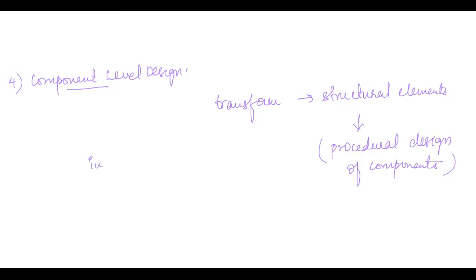So what is going to be the input that is going to be taken? Your class-based elements, your flow-oriented elements, and your behavioral elements are going to be the input for your component level design. Now, whenever you're focusing upon these four different designs, you're going to make different decisions that are going to affect the success or failure of the software that you're going to design.